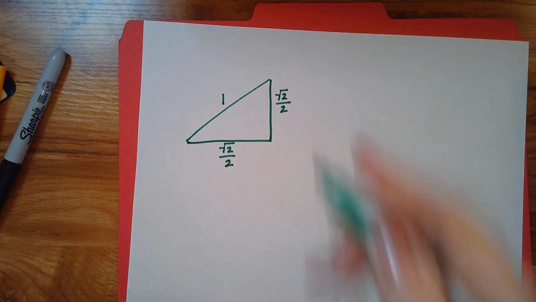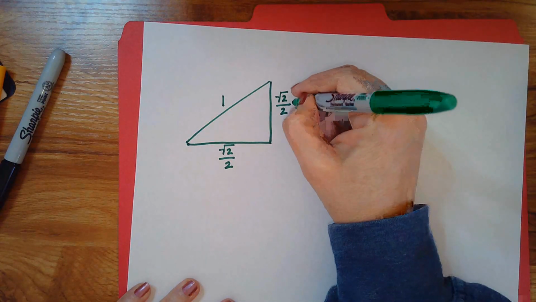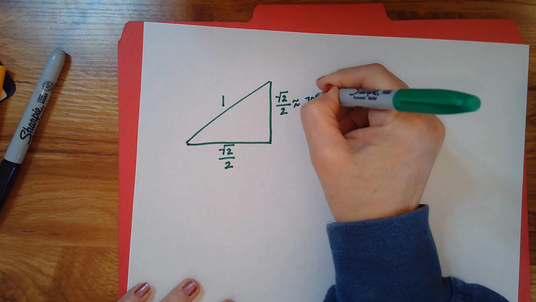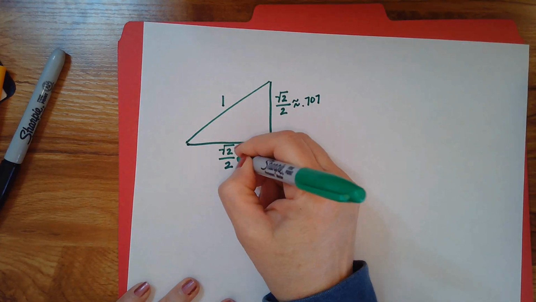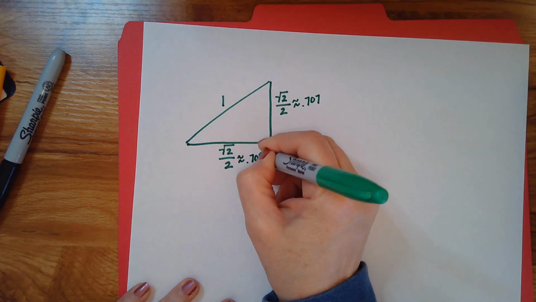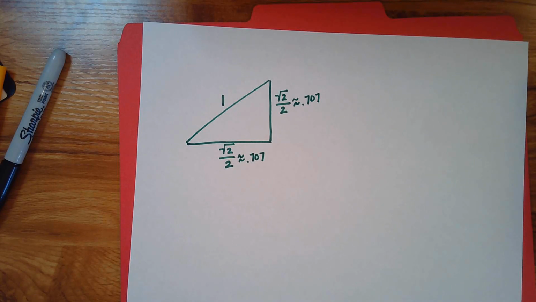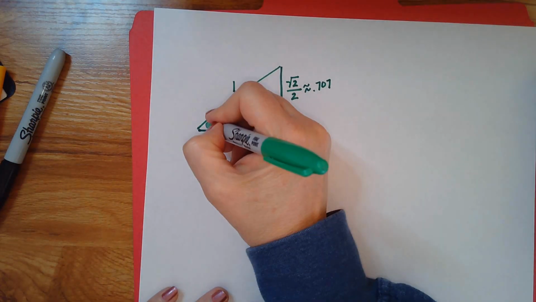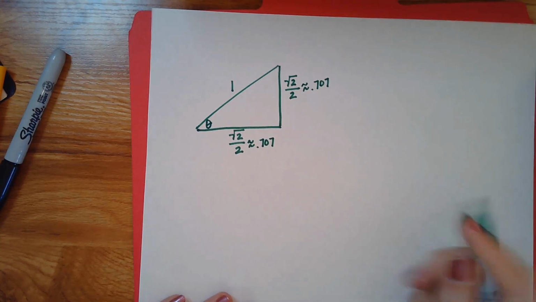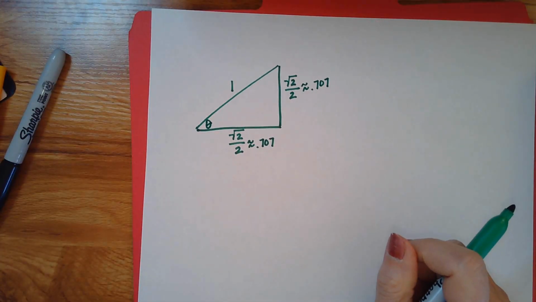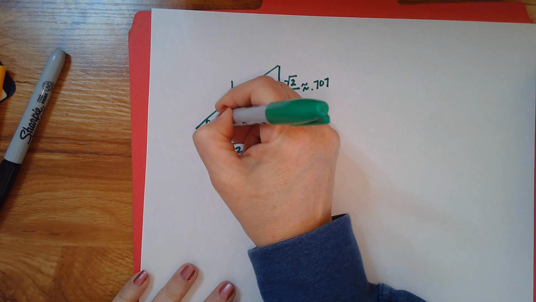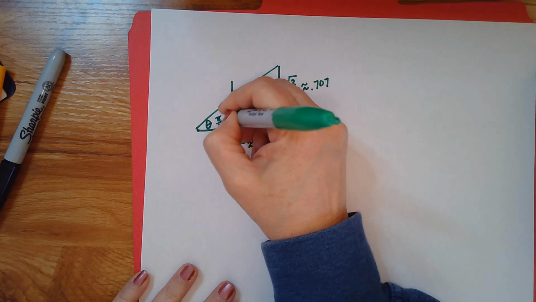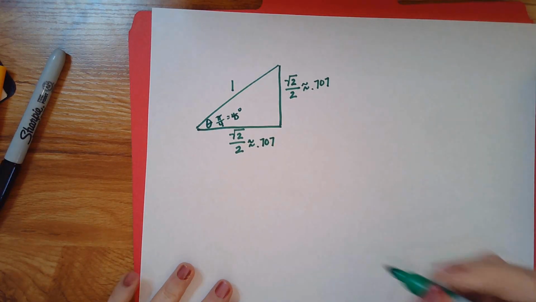Are you with me? And root 2 over 2 is the same thing as about 0.707. Okay? All right. So far, so good. So let's take a look at that angle right there, which we know is pi over 4 radians, which is the same thing as 45 degrees.